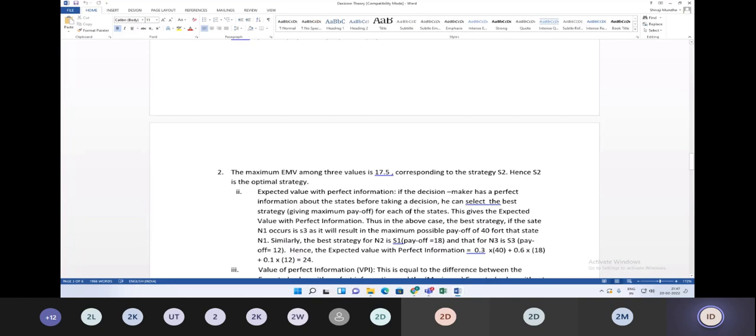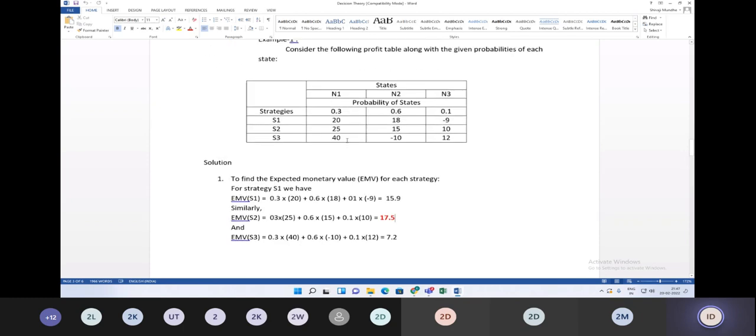From this, another calculation we did was the expected value with perfect information, EVPI. While calculating the expected value with perfect information, we select the values from the above table, right? For N1, the maximum occurs at S3. For example, the N1 state maximum is 40, the N2 state maximum is 18, and the N3 state maximum is 12.